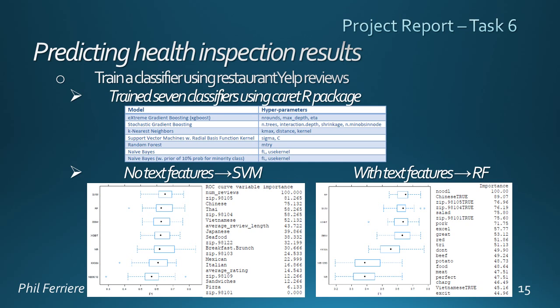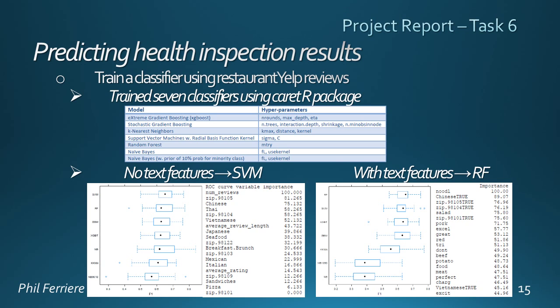When using only non-text features, support vector machines on average perform slightly better. Adding text features, the random forest classifier was the best, but the improvement in F1 score over the non-text features classifier was only marginally better.